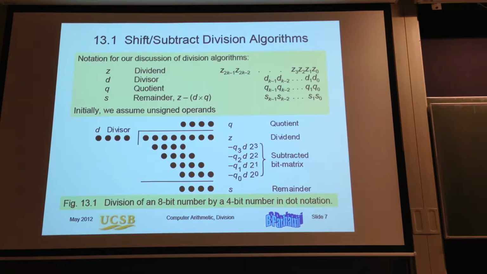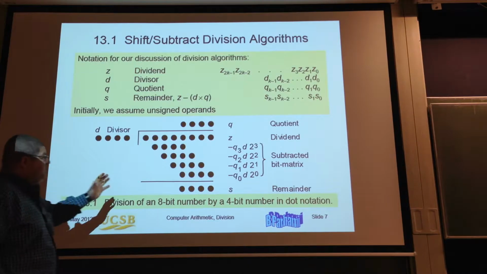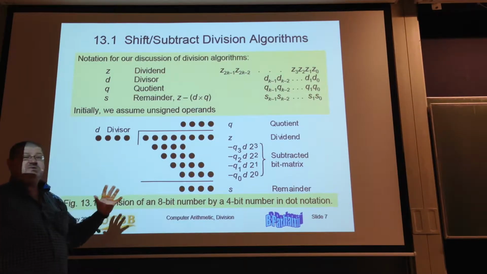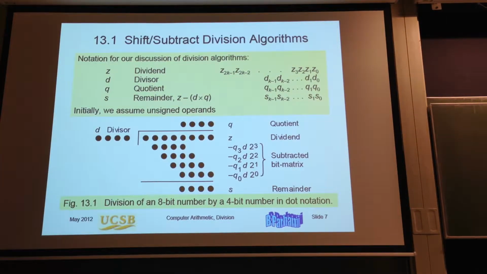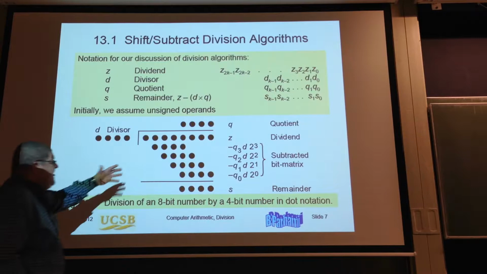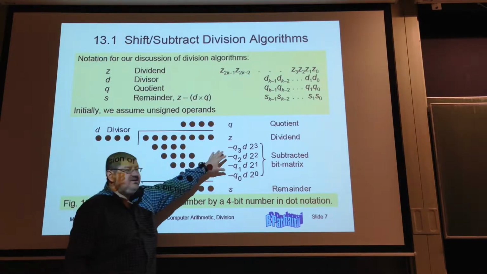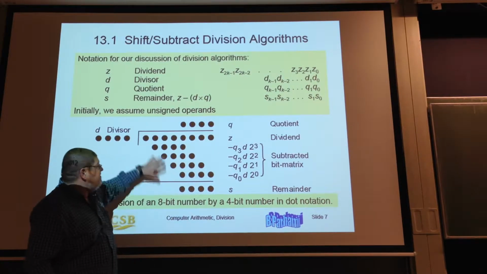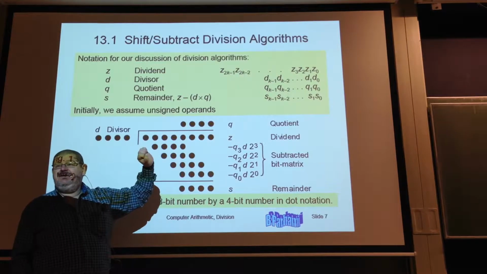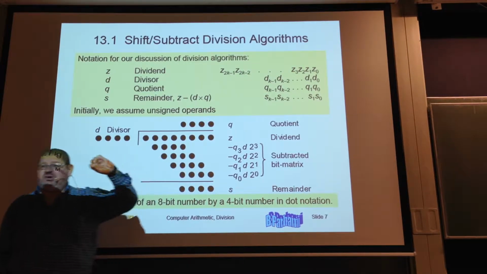Okay, now then I have to do these two jobs. And now if you look at the dot representation, it looks familiar to you, right? It's different, but it's familiar. And you would say, because I have those dots, I'm doing here some subtraction, I should be able to do it in parallel. But this is not true.